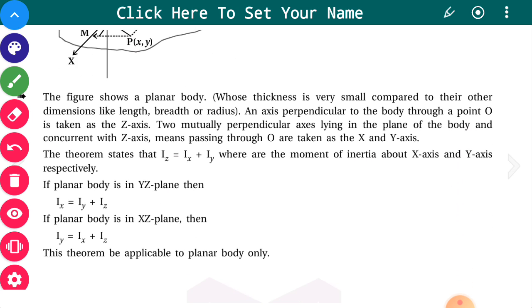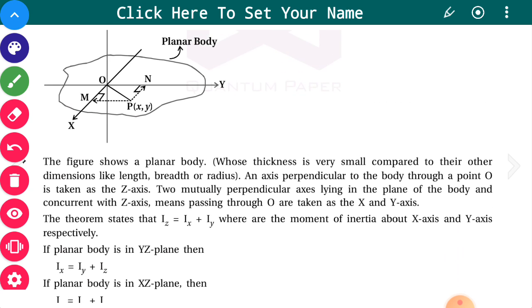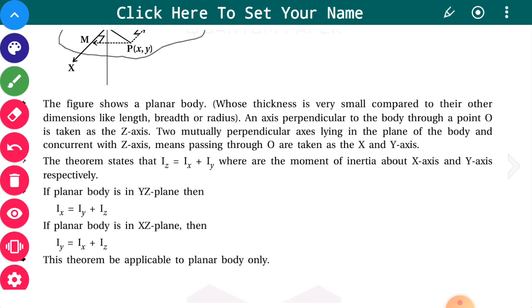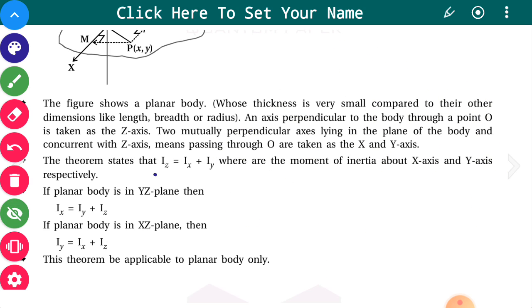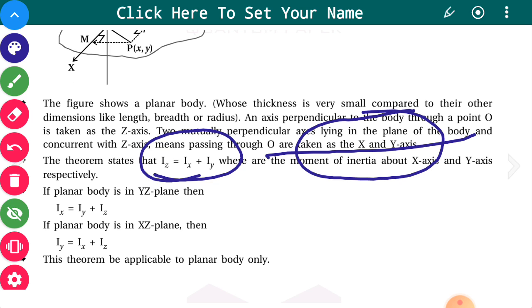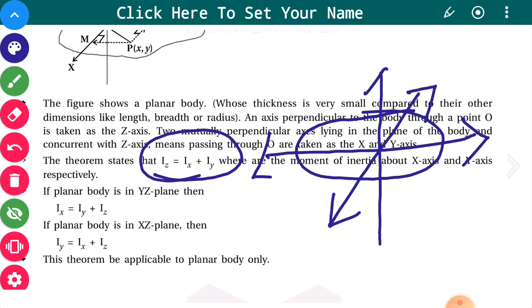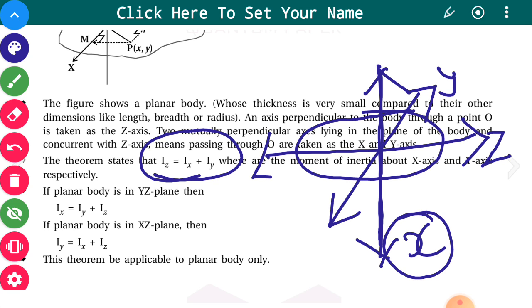Here the yz plane is taken, so Iz is equal to Ix plus Iy for a planar body. If the planar body is in the yz plane, with y axis and z axis in the plane and the perpendicular axis as your x axis, then the moment of inertia about the x axis will be Ix is equal to Iy plus Iz.